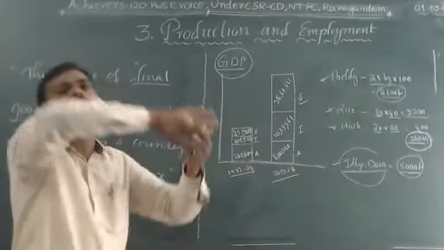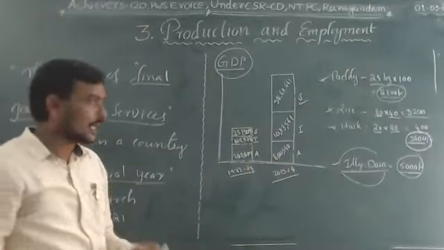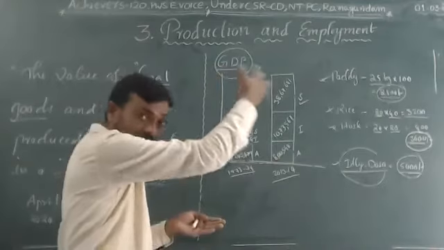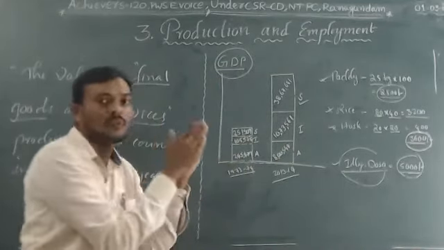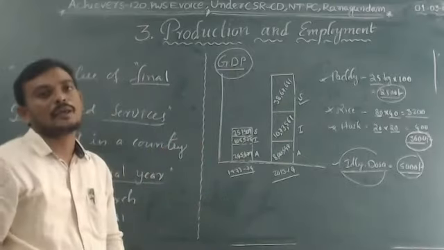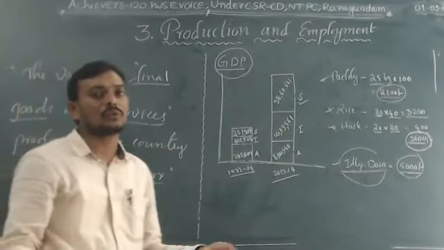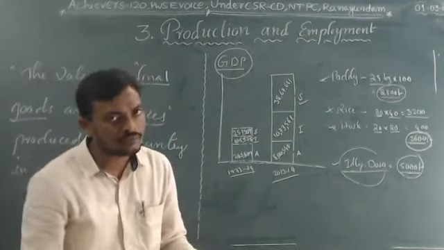So from 1973-74 to 2013-14, there were a lot of changes in these three kinds of sectors. The primary sector's importance has been falling gradually. Employment has been falling down, and revenue as well.